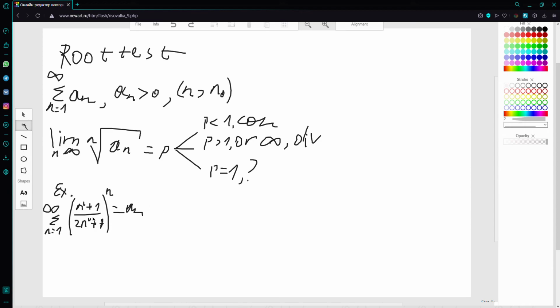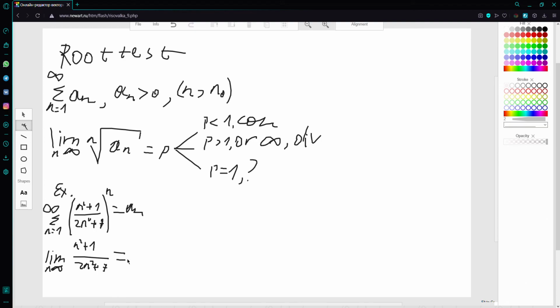If we write this series in this form, we have the limit as n goes to infinity of (n squared plus 1) over (2n squared plus 7). This power n will disappear with the root.